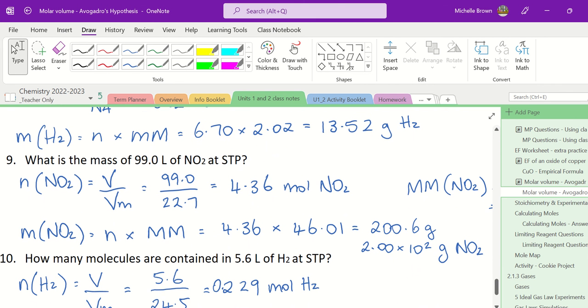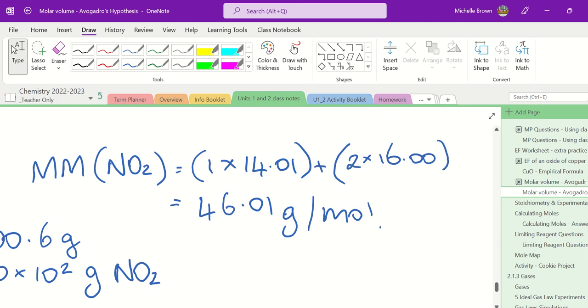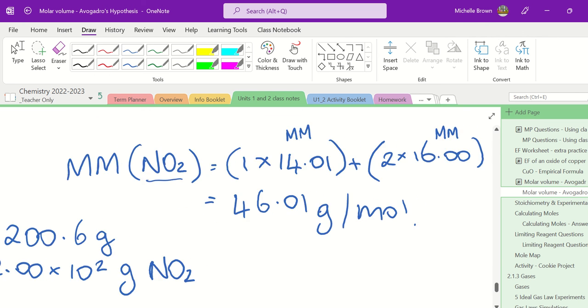Question 9, what is the mass? You're given the volume, so you need to calculate and convert to moles. Once you've got your moles, we're rearranging the formula, so mass is equal to moles times molar mass. If you've forgotten how to calculate molar mass, don't forget, we're looking at the formula. So there is 1 nitrogen. We get this from the periodic table. This is the molar mass for nitrogen, and this is the molar mass of oxygen, and we add those two together.